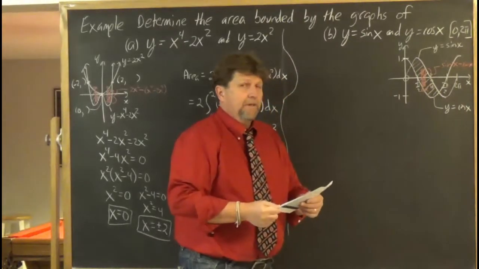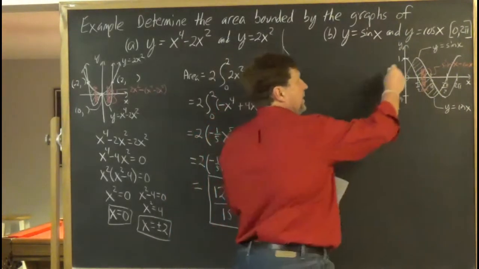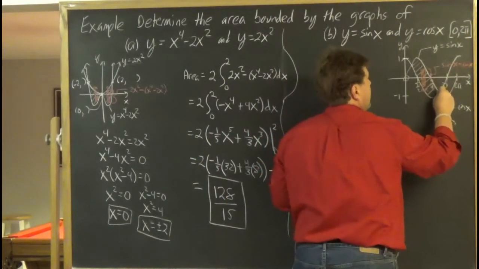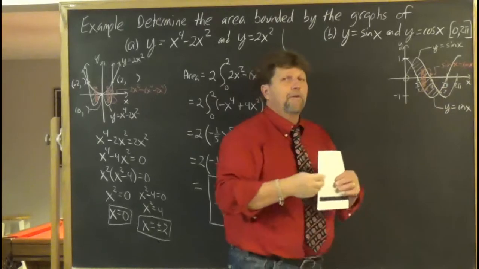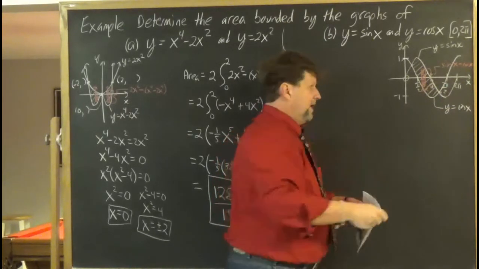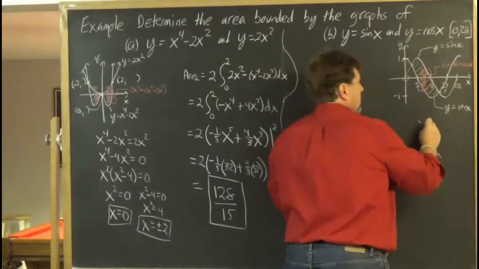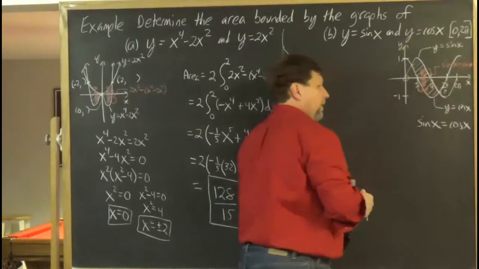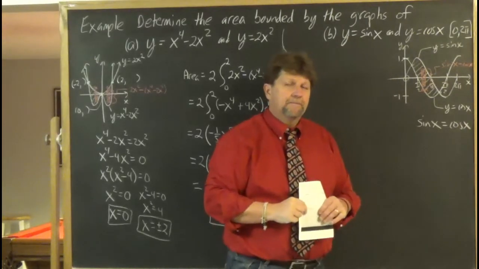Now I need to find points of intersection. I need to find these points of intersection, specifically the x-coordinates of those points of intersection. Those points of intersection occur when the functions are equal to each other. When does sine equal cosine?